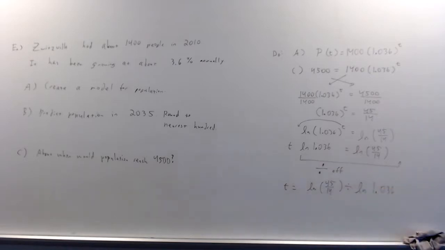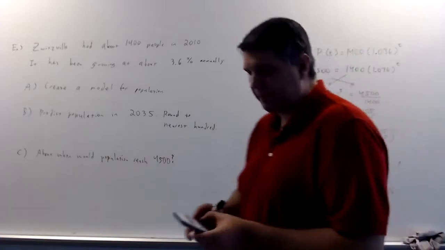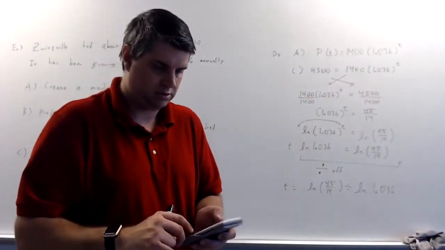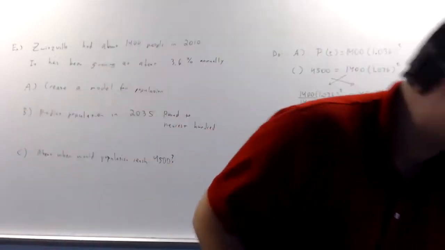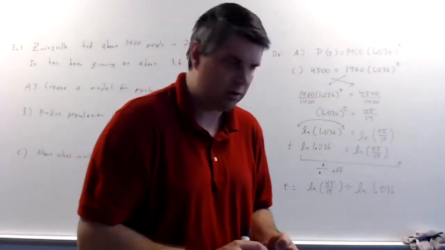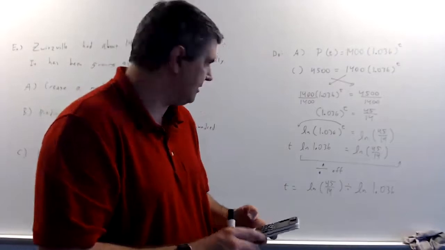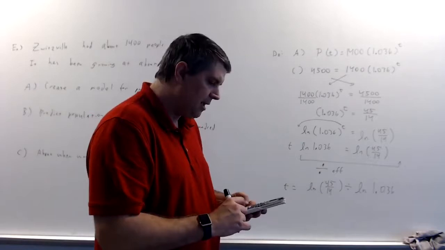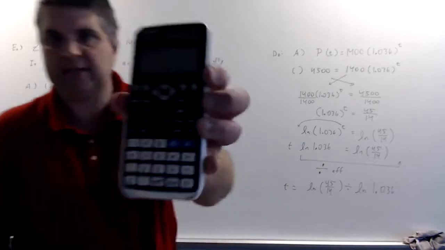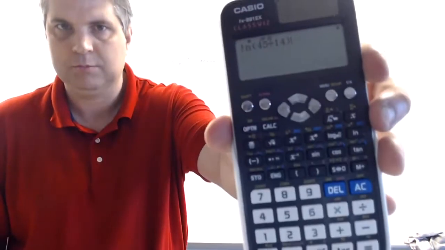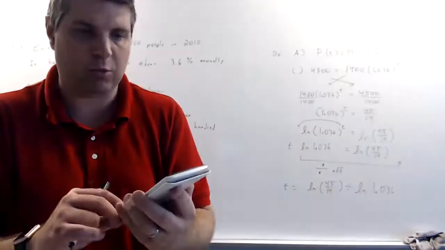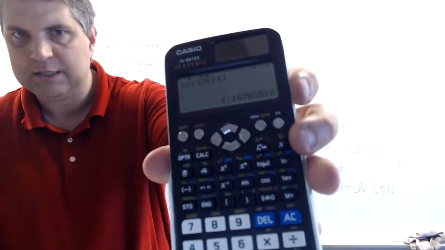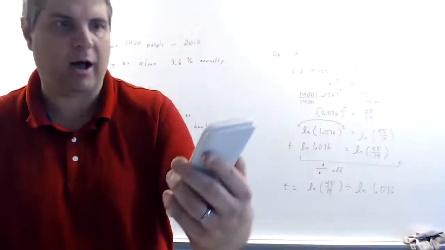Now when doing this with your calculators, you will type in the natural log of parentheses, make sure you balance these, 45 divided by 14, balance the parentheses like so. Hit enter or equal. I'm looking at 1.1676 and so on.